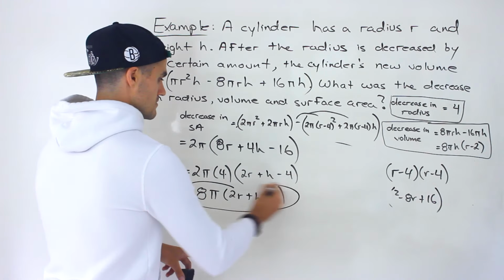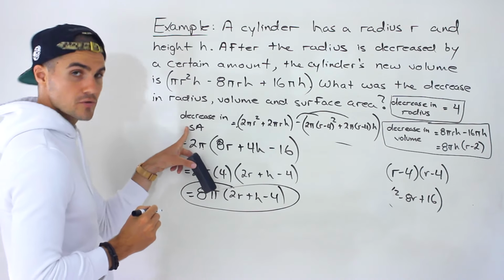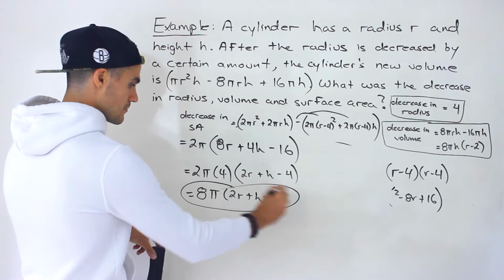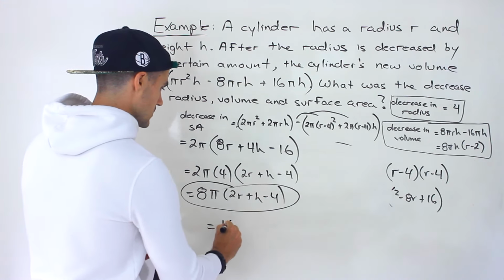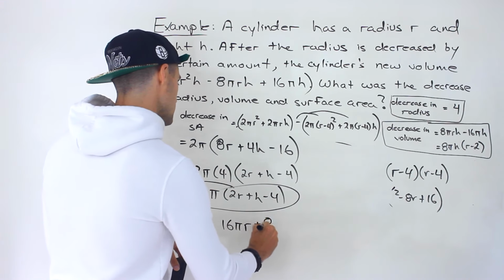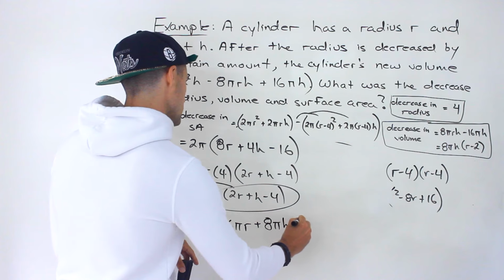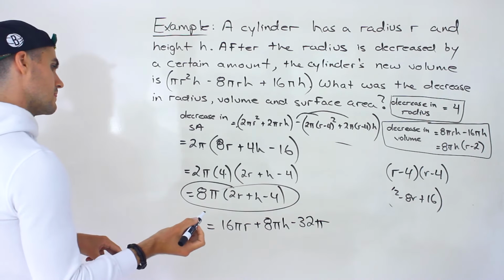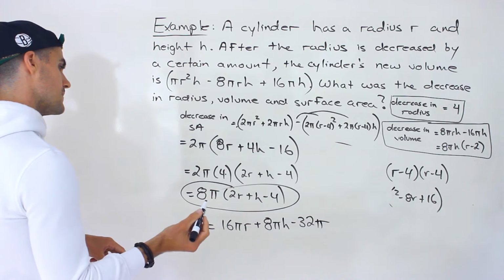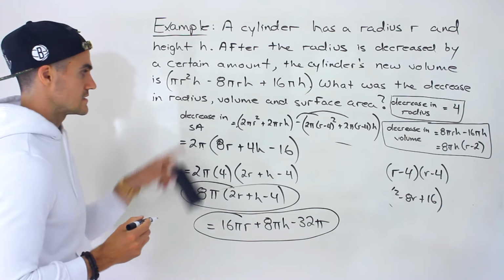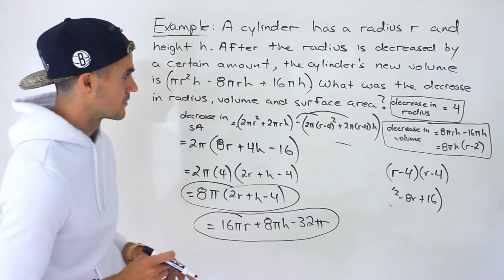So that is one format you can represent the decrease in surface area by. Or if you want to expand, you could take the 8 pi and expand it in the brackets, so we'd be left with 16 pi r plus 8 pi h minus 32 pi. Like that, right? That's another format for the decrease in surface area.